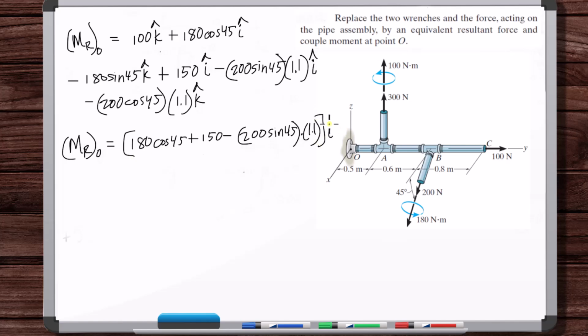So this is i hat. Okay, there is no j hat, plus 100 minus 180 sine of 45 minus 200 cosine of 45 times 1.1 k hat.